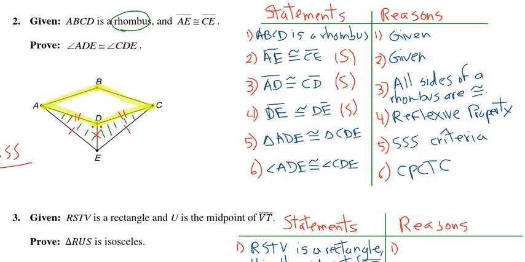So angle ADE is congruent to angle CDE by CPCTC, which is corresponding parts of congruent triangles are congruent. And that's the only way to do the proof for this one. So we have used here this property of the rhombus.